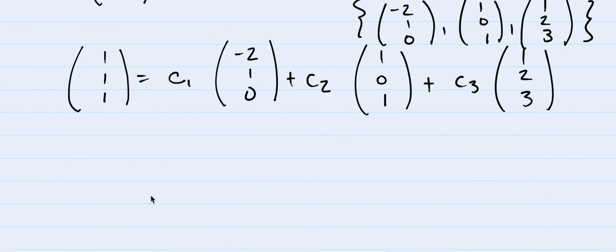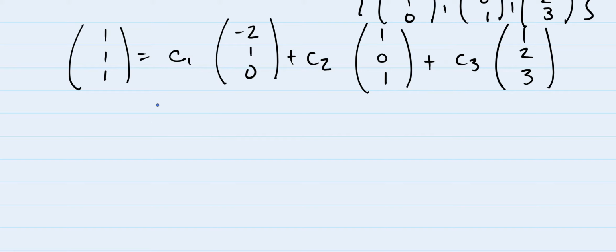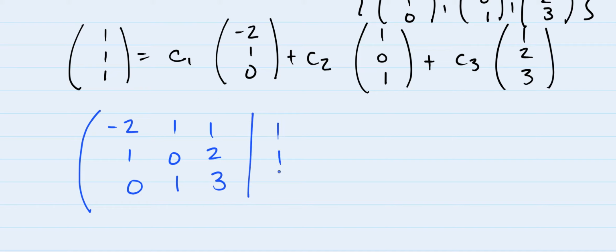So how do we do this? Remember that we just need to make an augmented matrix with these as the columns and then 1, 1, 1 here, and then find the reduced row echelon form of this matrix.